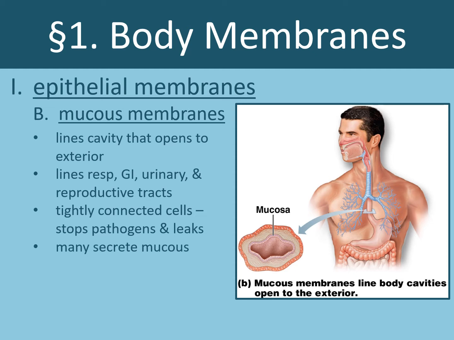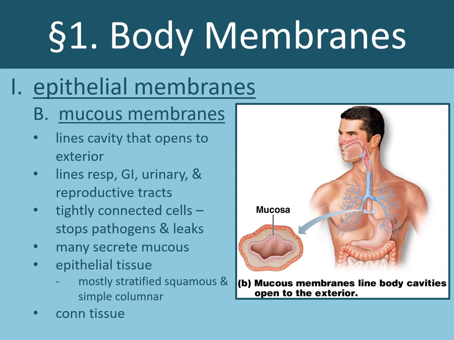Many of the mucous membranes secrete mucus. The epithelial tissue of these membranes is mostly stratified squamous or simple columnar type epithelial tissues. Recall from Chapter 3, this means the cells are either flat with many layers or tall and in a single layer. The connective tissue of body membranes is called the lamina propria.